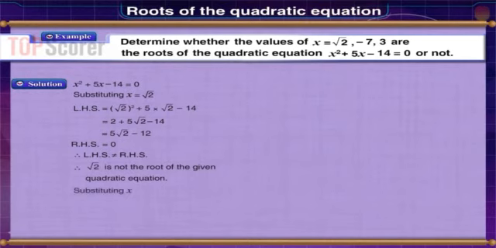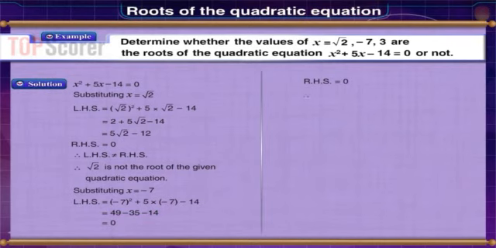Now, let us substitute x is minus 7 in the left-hand side of the equation. We get left-hand side is minus 7 the whole square plus 5 into minus 7 minus 14, which is 0. And this is equal to the right-hand side. Therefore, left-hand side is equal to right-hand side. Thus, the equation is satisfied for x is minus 7.